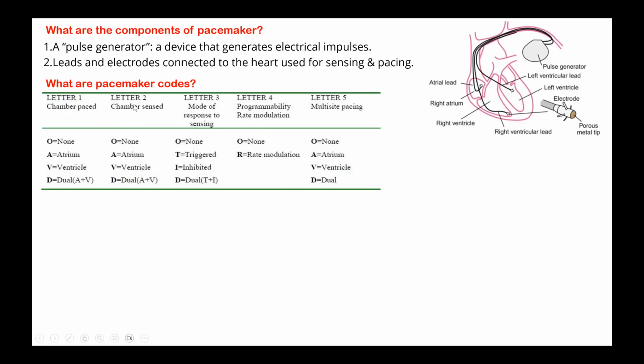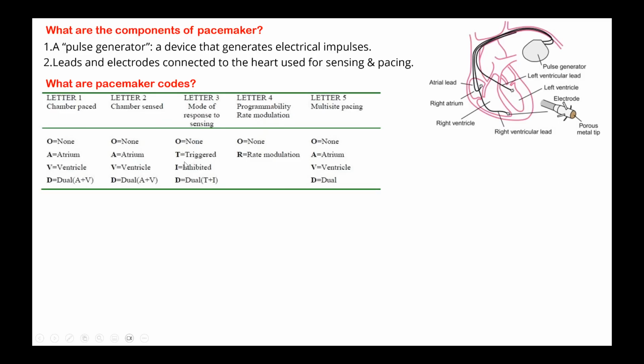And what is the meaning of chamber sensed? Cardiac activity, the intrinsic activity, mainly, because you of course need to see whether your stimulus is working and whether the cardiac muscle is contracting. But more than that, this sensing is important for the intrinsic contractility of the heart. Based on that only, the mode of response to sensing will happen.